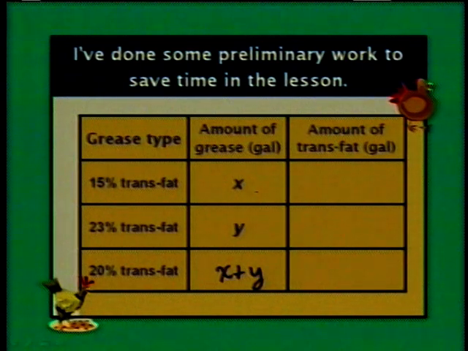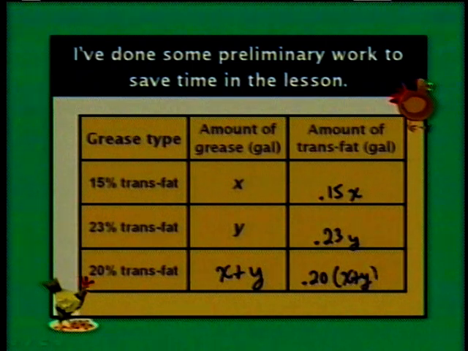How much trans fat is in each of the 3 greases? 15% of x gallons would give me 0.15x gallons of trans fat. 23% times y gallons would give me 0.23y gallons of trans fat. 20% times x plus y gallons would give me 0.20 times (x plus y) gallons of trans fat.